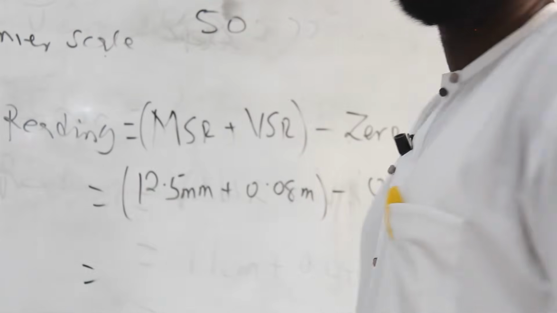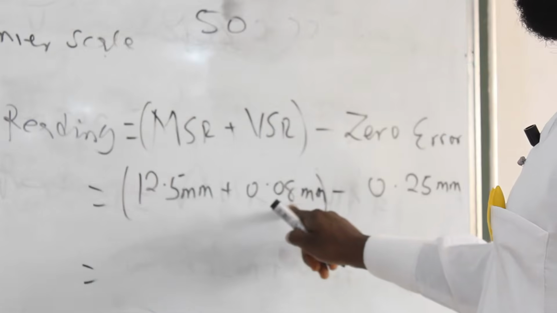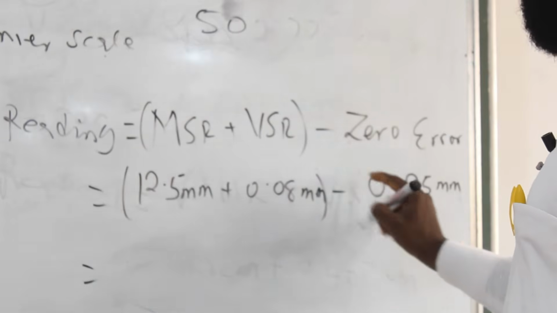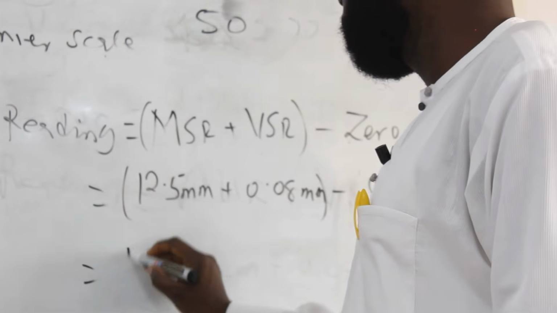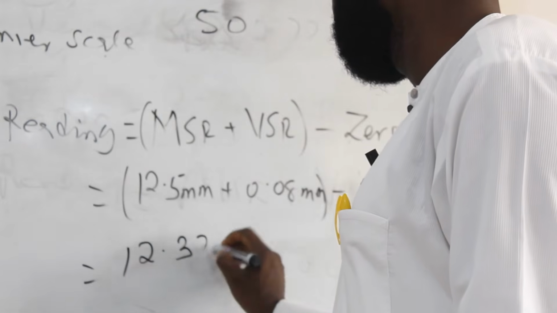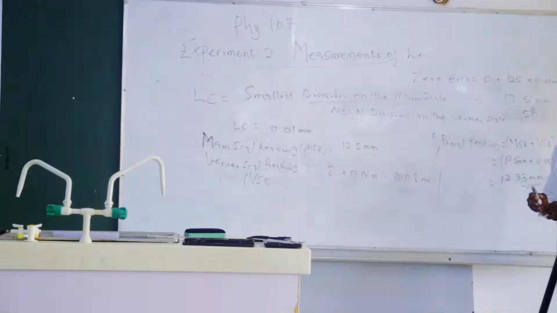If you add 12.5 millimeter plus 0.08 millimeter, then take away the zero error, you are going to obtain 12.33 millimeter as your final reading.